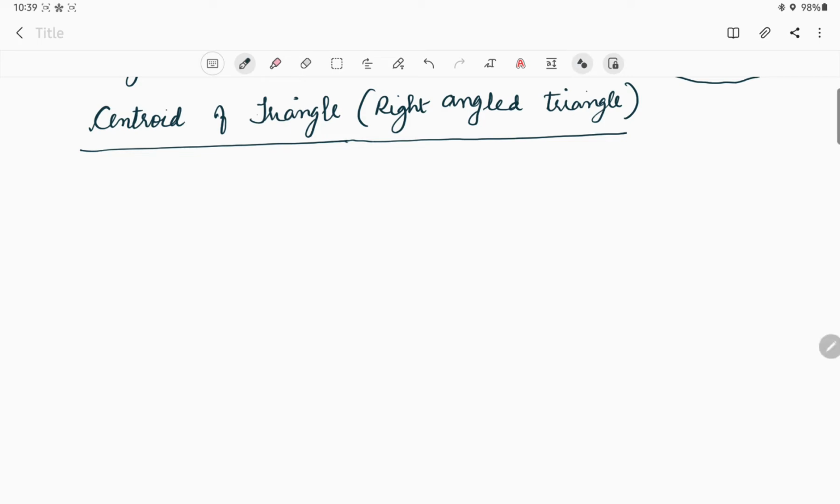So what I'll be doing here, I'll be drawing a triangle, a right angle triangle. So this is nothing but our right angle triangle, isn't it? We'll draw a new triangle with this line.